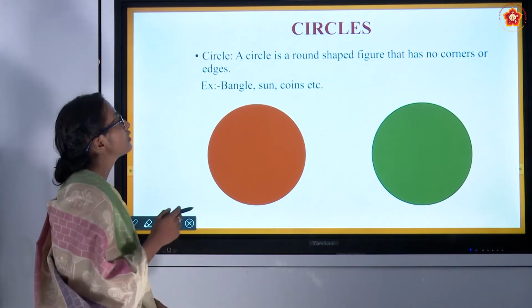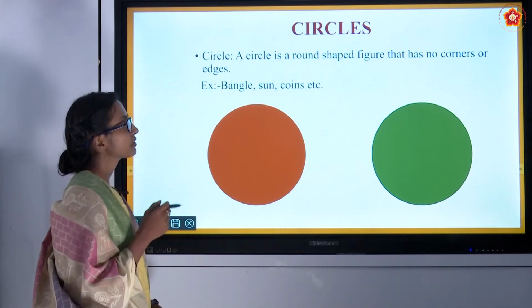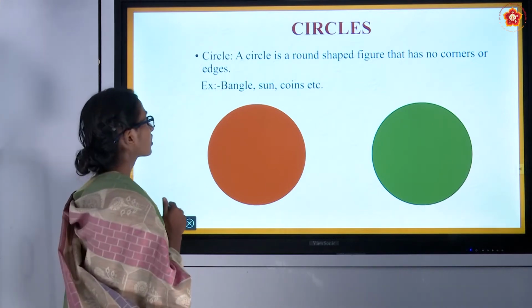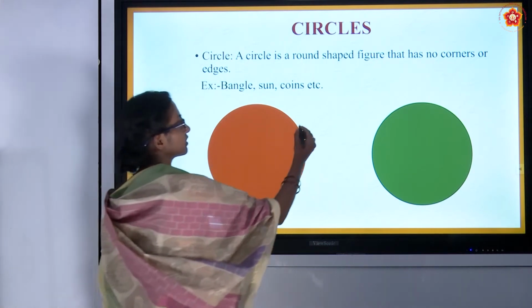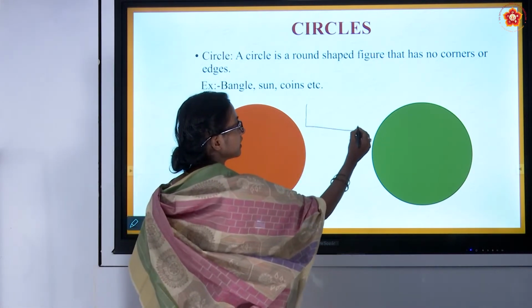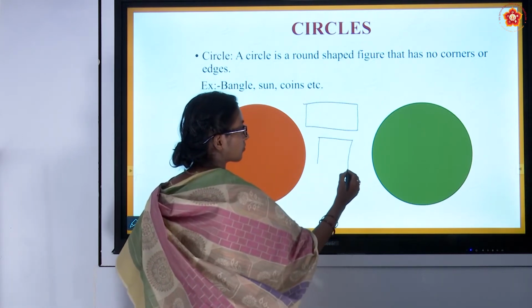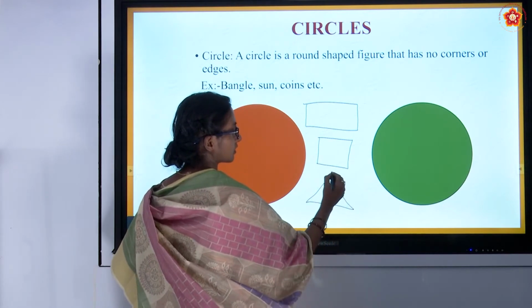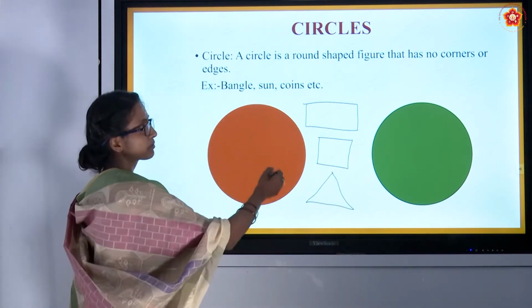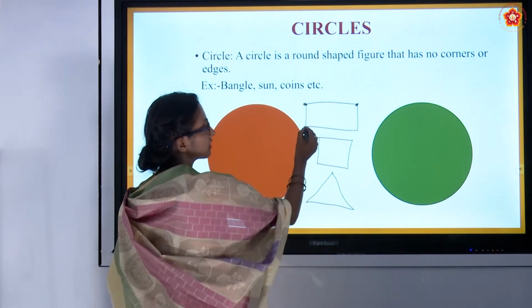Then let's move to circle. A circle is a round shaped figure that has no corners or edges. Until now we have observed rectangle, square, triangle. These shapes all had some corners, right?